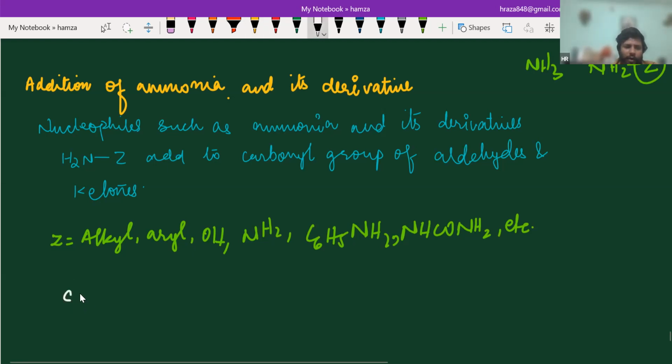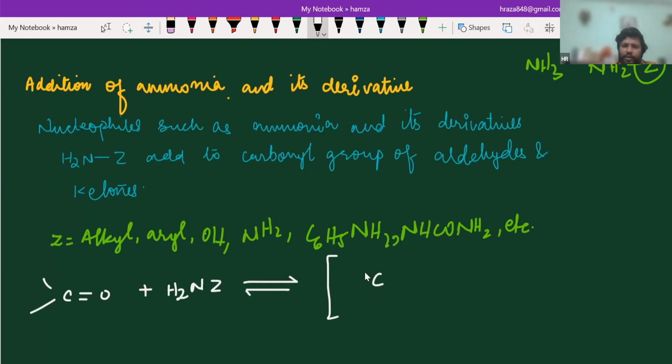If you react either ammonia or ammonia derivatives, let's say H2NZ, there will be formation of negative and positive in the same way, and there will be OH and then NHZ. How it forms, it's very easy to understand.